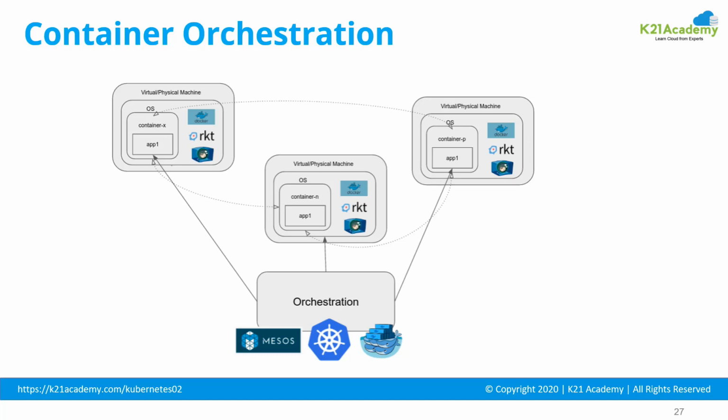Now, if you have one host or just a handful of containers, then you can manage these containers yourself. But if you have hundreds and thousands of containers, which is quite common in a medium to big size implementation, that's when you need a container orchestration tool like Mesos, Kubernetes or Docker Swarm. And in the last few years, Kubernetes has come out as a complete winner for container orchestration and management.